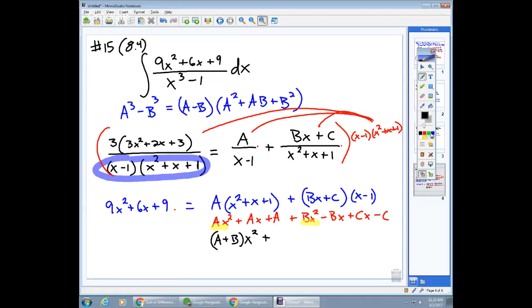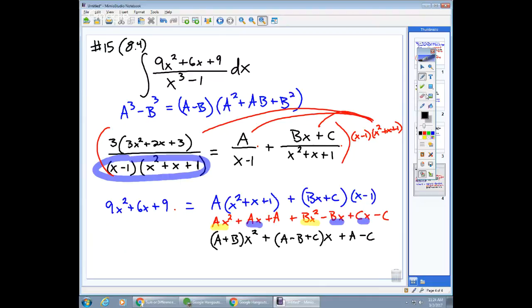The coefficients for x: we've got an a, a negative b, and a positive c. So when I put those together, there's an a minus b plus c times x. And the constant terms are the only things I haven't highlighted, which are just a minus c.